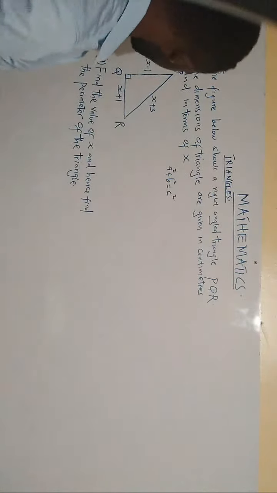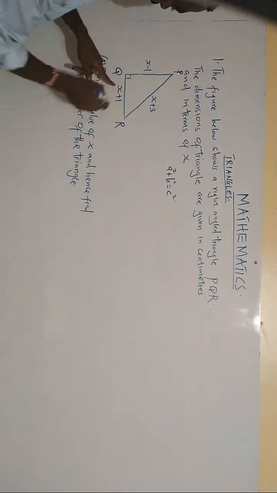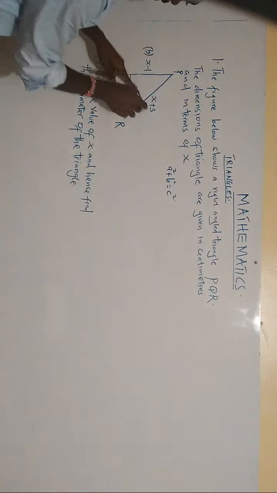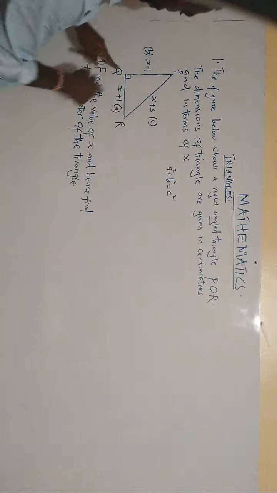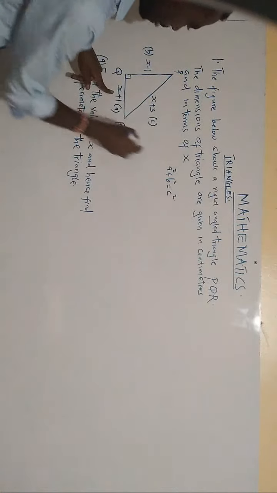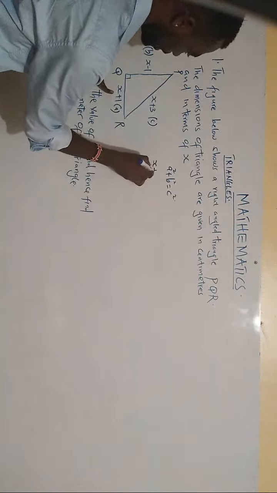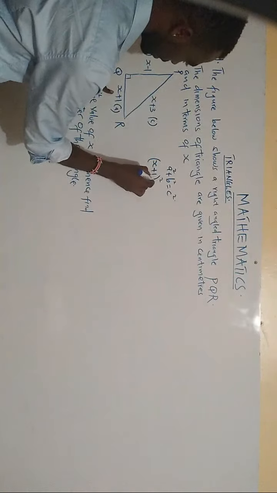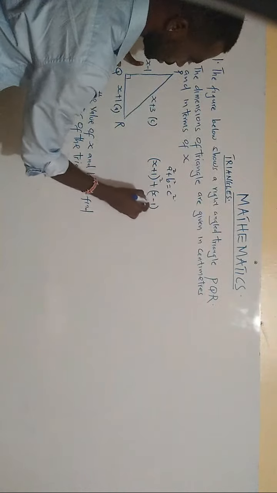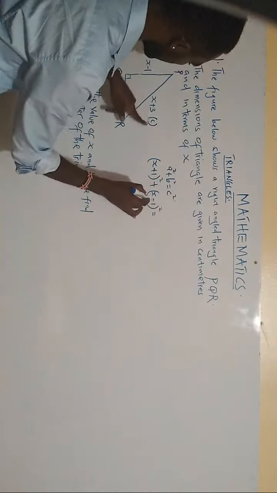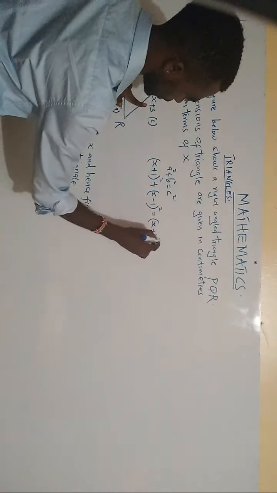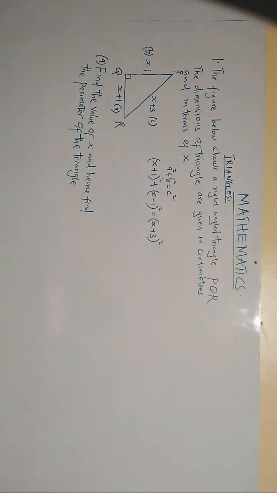So we assume the base is a, the height is b, and the hypotenuse is c. Putting these terms into the equation, we have the base, x plus 1, squared, plus b, which is x minus 1, squared, is equal to c squared, and c is x plus 3, squared.